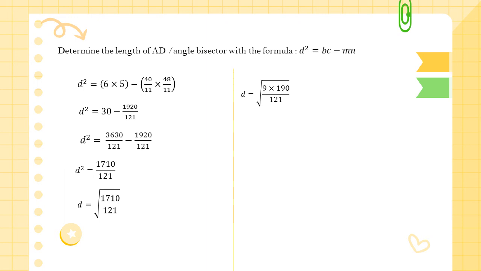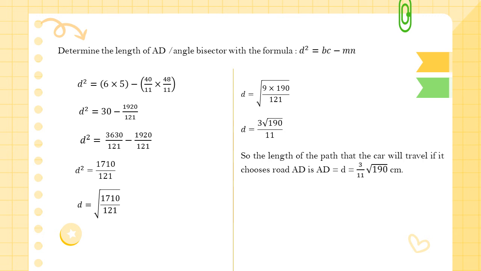Then the roots of 9 and 121 are 3 and 11, so D equals 3 root 190 divided by 11. So, the length of the path that the car will travel if it chooses route AD is D equals 3 divided by 11 root 190 centimeters.